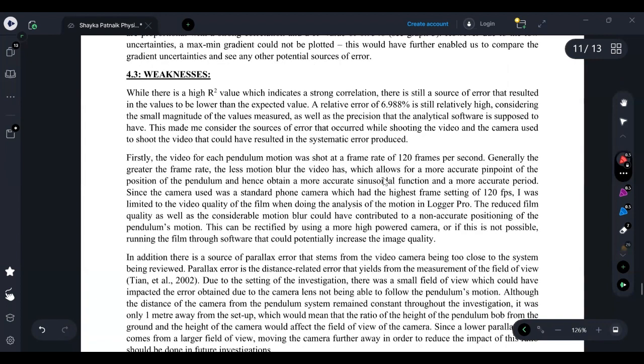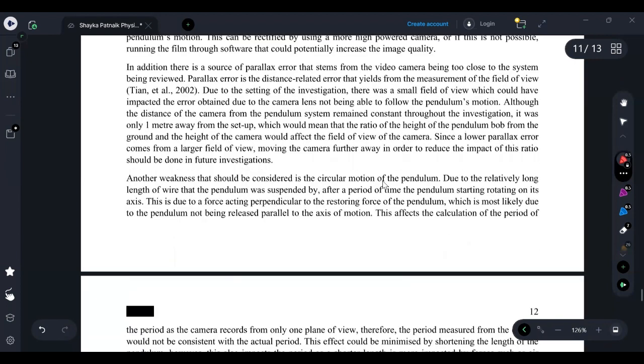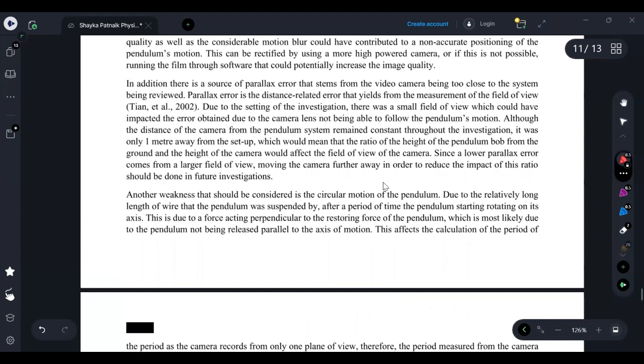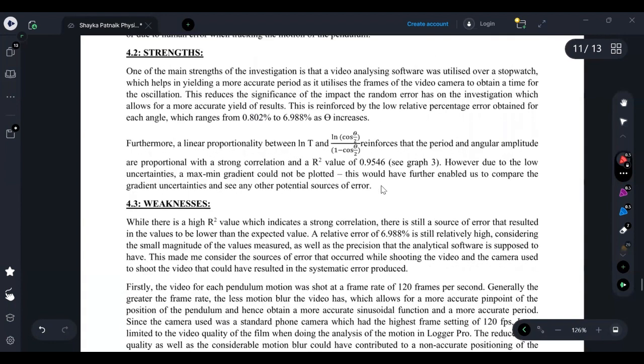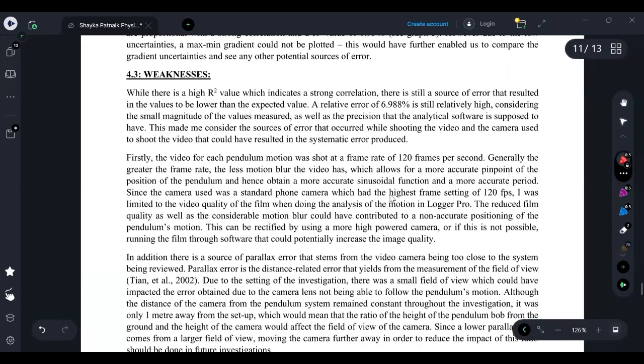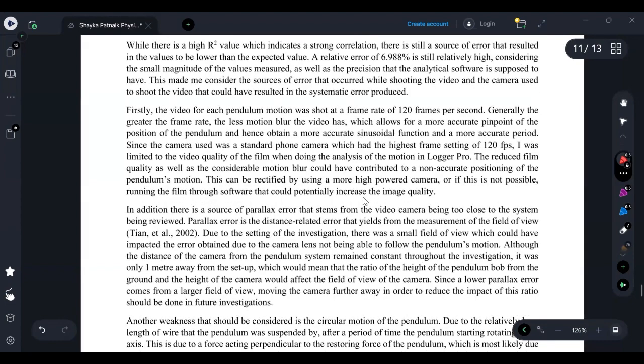I recommend having around 4 or 5 weaknesses for your investigation and dividing them into paragraphs. In each paragraph, you want to talk about what the error is, how it impacts your results, and how it can be solved or rectified.